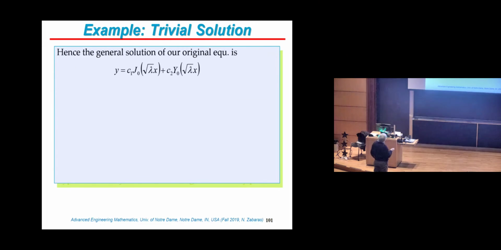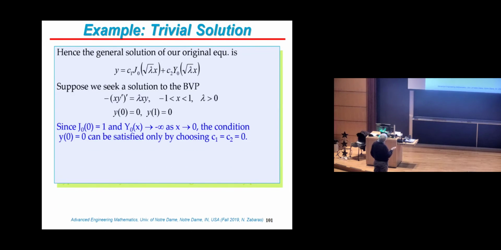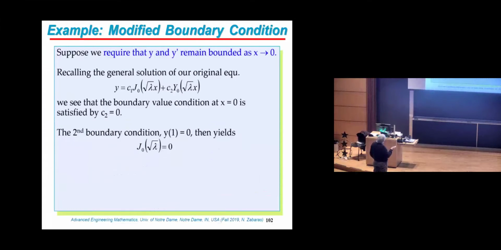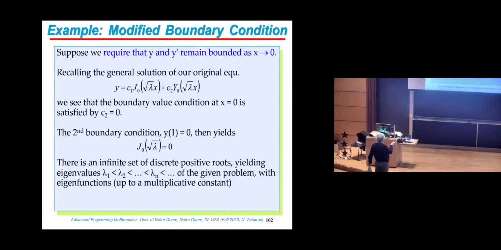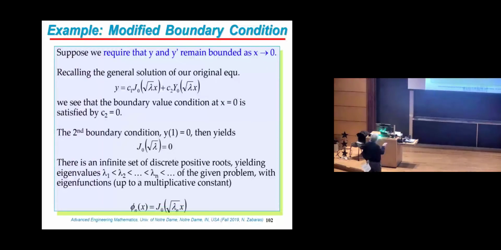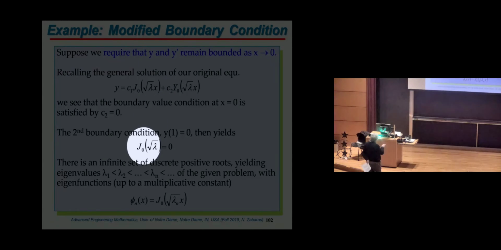Okay? And that's exactly what you have to do in your homework. And that's the problem I have here. Right? So if I only give you y1 equal to 0 and you only keep this, to compute the eigenvalues you're going to have to find the roots of this.